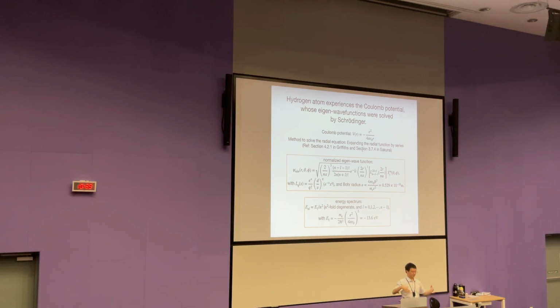You can derive some recursion relations of the series, and you demand the convergence, that the wave function can be normalized. Then you will find out these coefficients. You can look at these sections in these books to see how it's really done. That's not very important here, and I assume you have learned this in mathematical methods in physics too.